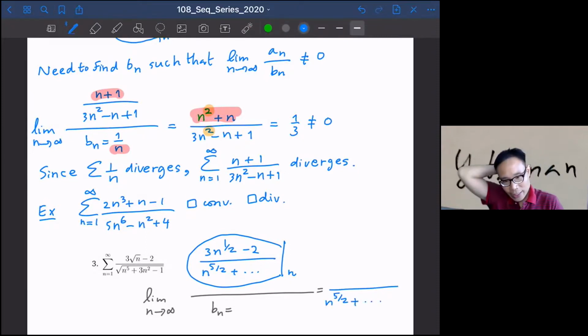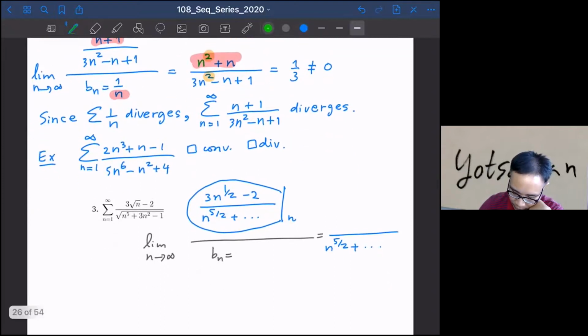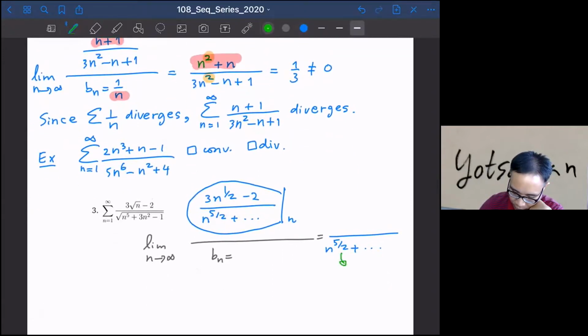And on top you have n to the 1/2, and 5/2 here is 2 plus 1/2. So you see that this one is 5/2. So you need bn equal to 1/n squared.